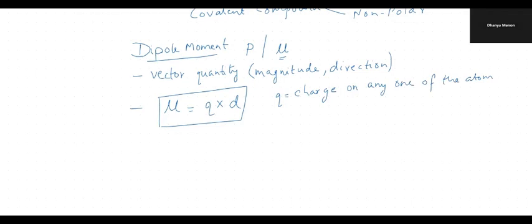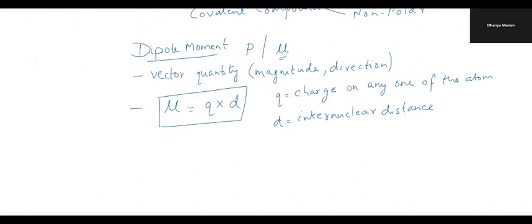Okay, and D is their internuclear distance. Okay, so if I have hydrogen chloride, for finding out mu, we will take the charge of any one of the atoms and the internuclear distance between the atoms. Okay.